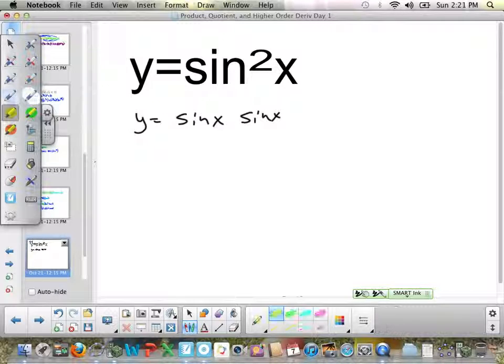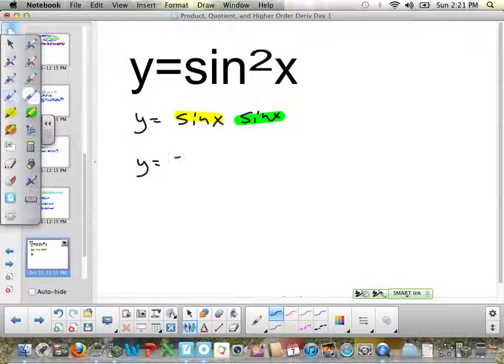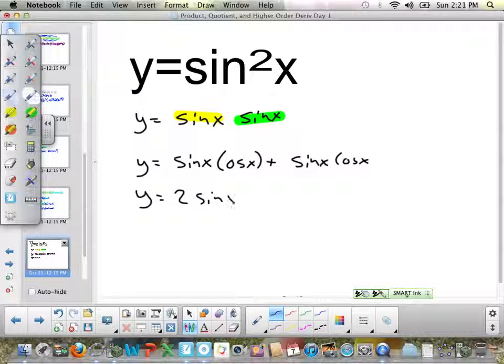And then when we do that, sine x is our first, and sine x is our second. So what we want to do, we'll take our first function times the derivative of our second, plus our second function times the derivative of our first. And if you want, you can simplify.